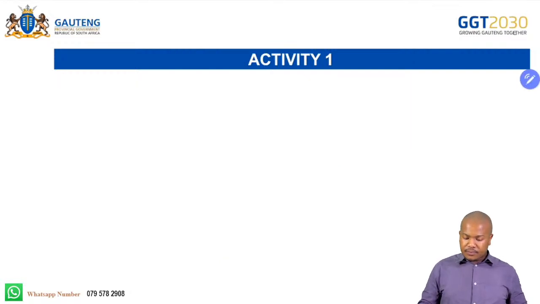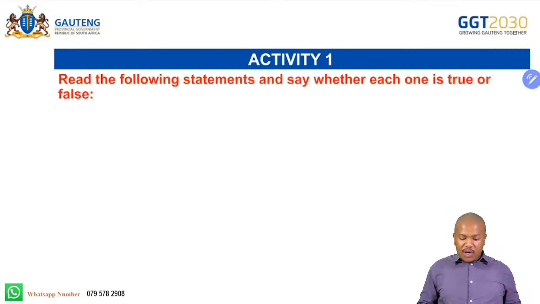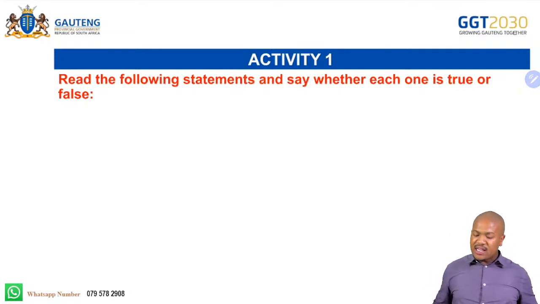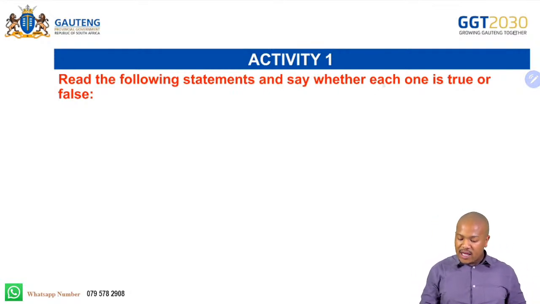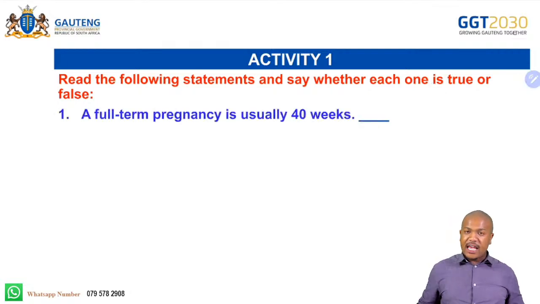So now, we have activity 1, right? Your teacher has been talking too much, so it's time to test your knowledge so far. Read the following statements and say whether each one is true or false. Number 1: a full-term pregnancy is usually 40 weeks.